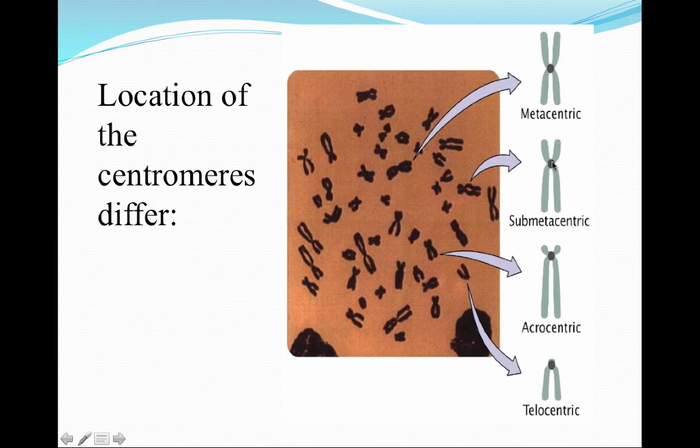You could have a centromere attached a little closer to one of the ends. That's called submetacentric. Acrocentric is where the centromere is very, very closely attached to one end. And then telocentric is where the chromosomes are actually attached at the telomeres. So these are the 4 major structures that centromeres can occur in.